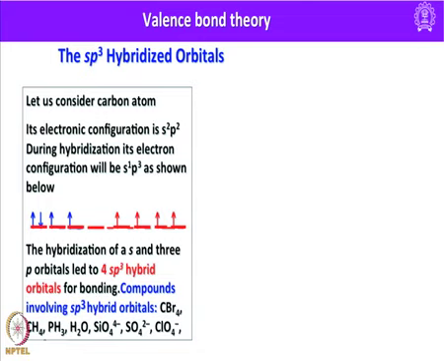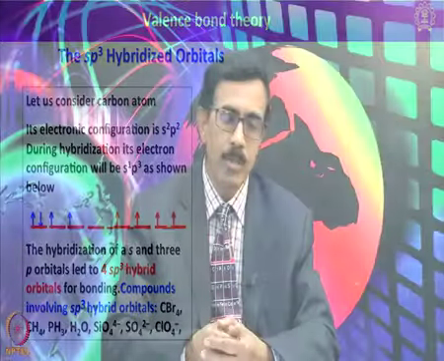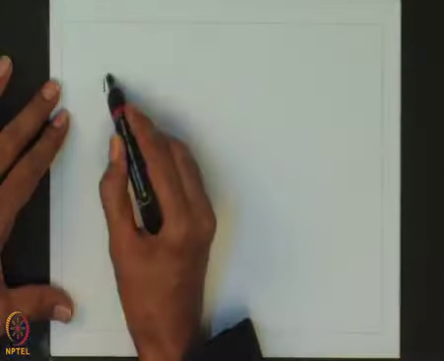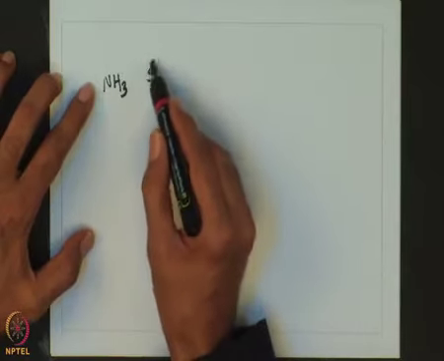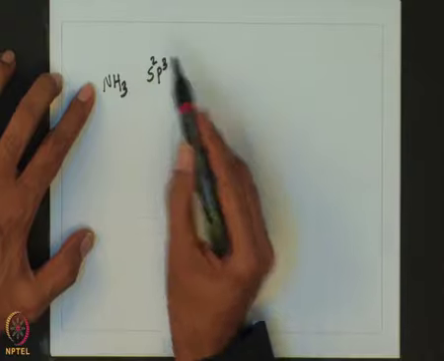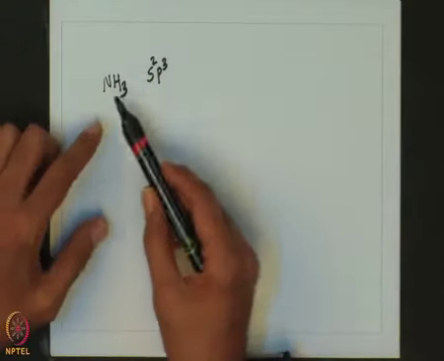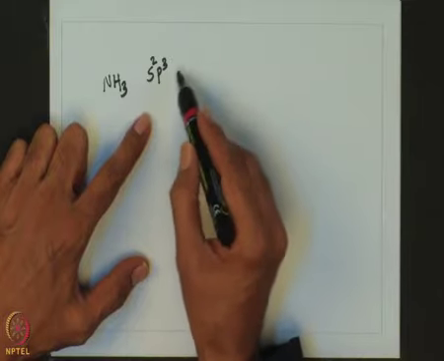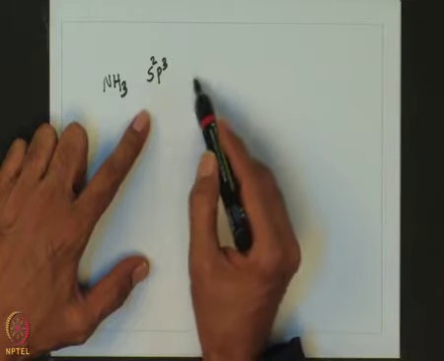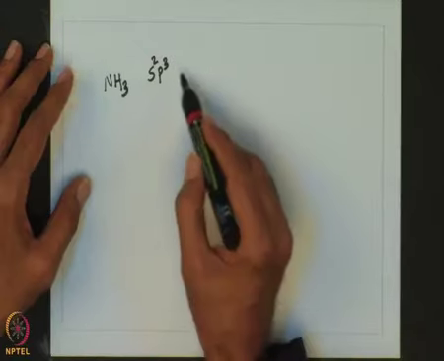All are examples for sp3 hybridization. Only in case of NH3, we have 4 sp3 hybrid orbitals, but one with 2 electrons. For example, let us consider NH3. Here the electronic configuration of N is s2p3. Again, prior to the formation of NH bonds, s and p are combined together to form 4 sp3 hybrid orbitals.